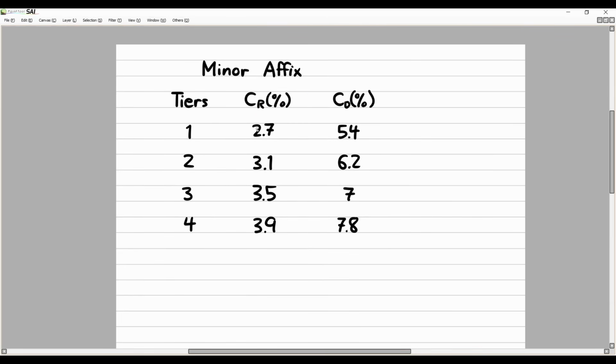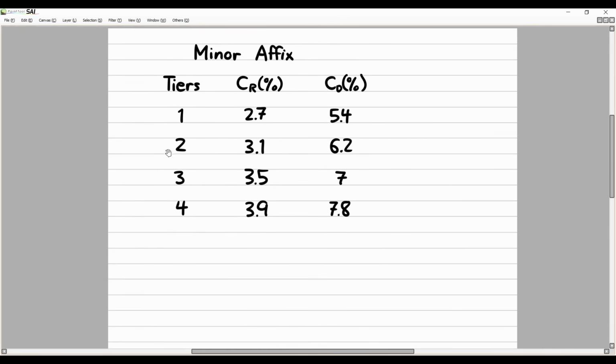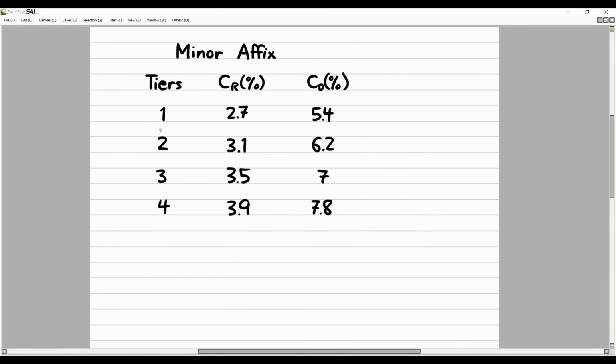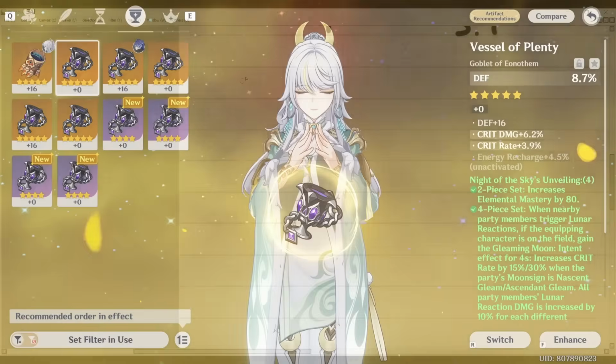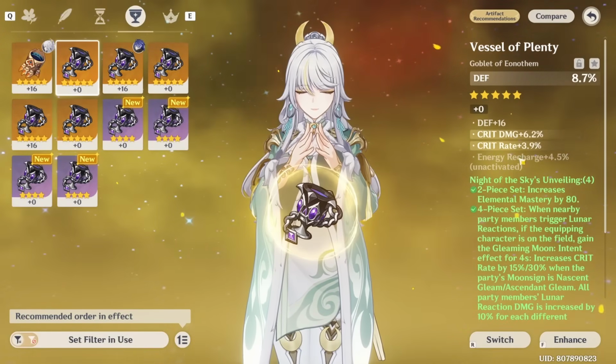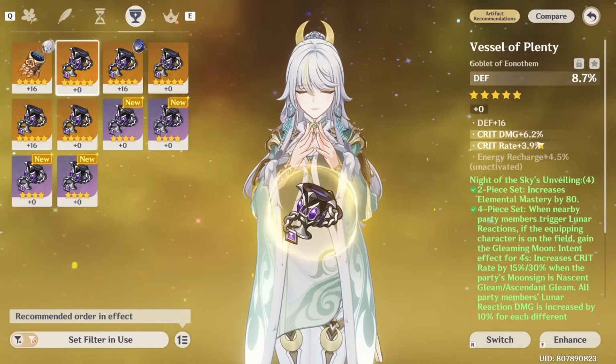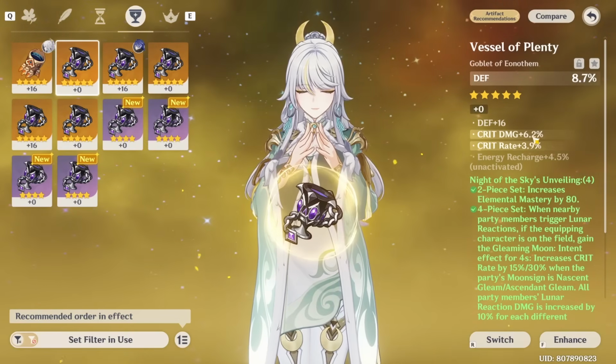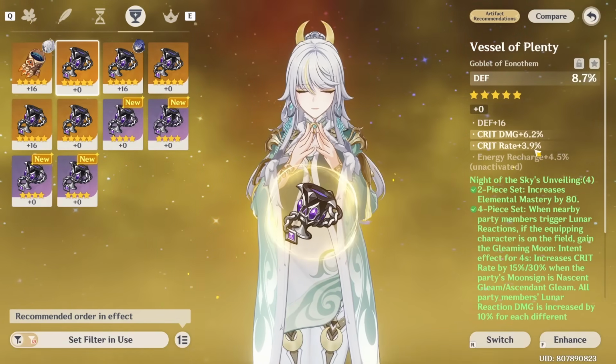You cannot deny that these are what exist in the game. What I'm going to do is to essentially model an artifact exactly as they appear in-game. So, as you might know, when you have any specific artifact, you could have any one of those tier values for the starting value of the crit damage and crit rate.